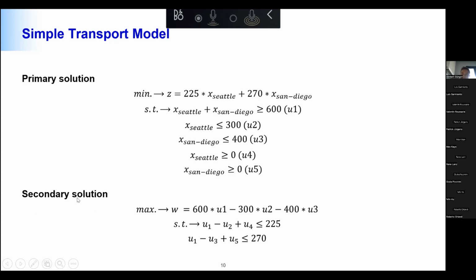So from linear programming, we can generate our secondary solution as the maximization function of welfare, denoted by W. And we have positive welfare from satisfying our demand. But we are constrained by our capacity of production from Seattle and San Diego. So if we reach this production constraint, we could have a negative welfare depending on our utility.